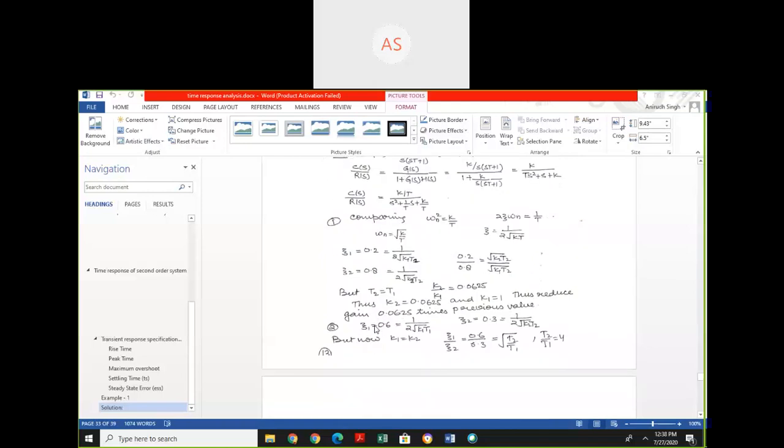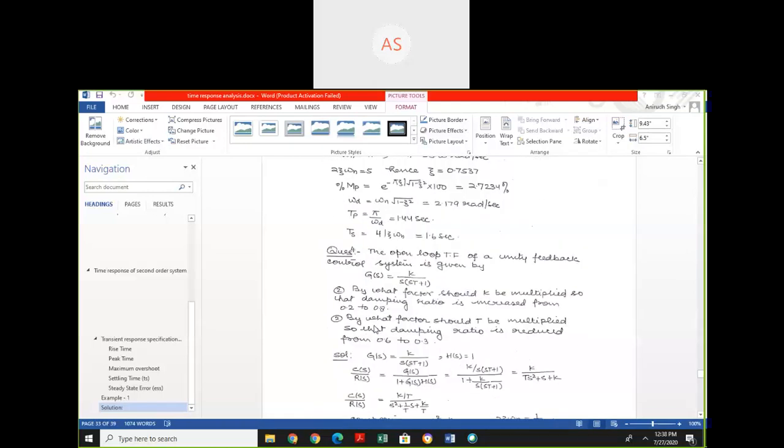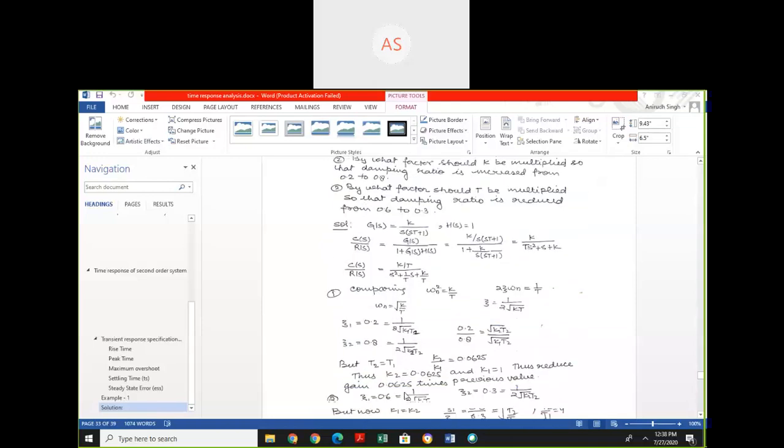First, we calculate C(s) by R(s). G(s) is given by this, H(s) is given by 1, and C(s) by R(s) is given by the formula G(s) by 1 plus G(s)H(s). If you substitute the values of G(s) and H(s), you get this, and solving this, you get this.